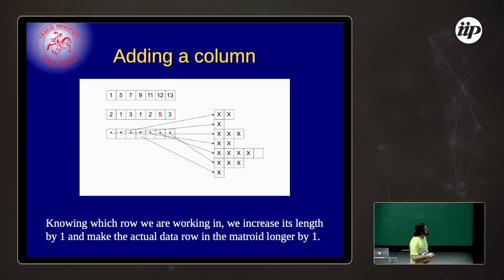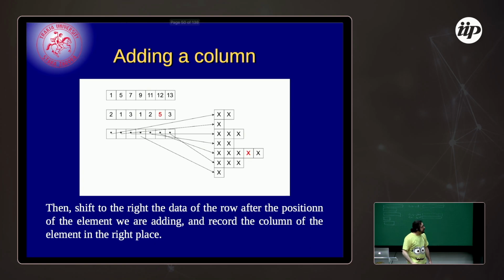What we need to do is simply increase the length of the row by 1 in the list of lengths of the rows, and then we find where the row is in the matroid. The pointer is this one over here, and we add an element at the end. So we allocate an extra little piece of memory.